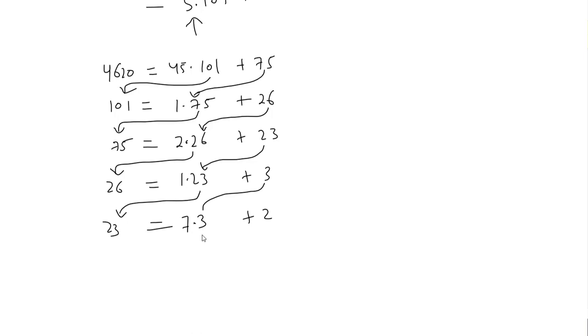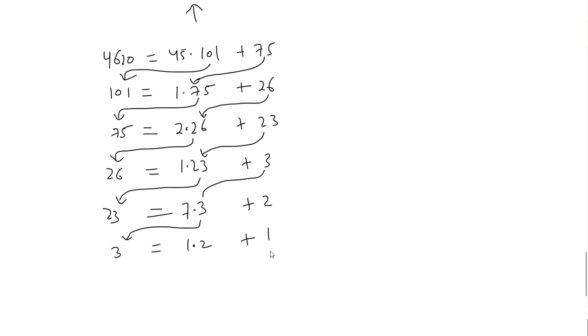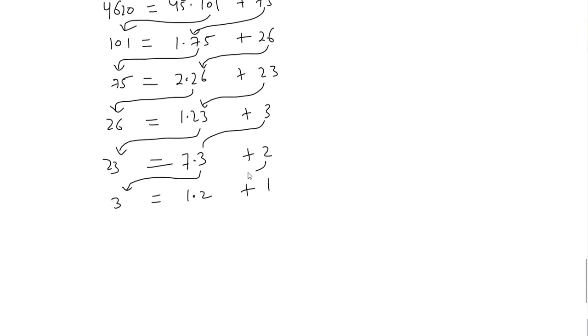Repeating it again, 3 is equal to 1 times 2 plus 1. We'll repeat it here. So 2 is 2 times 1 plus 0.